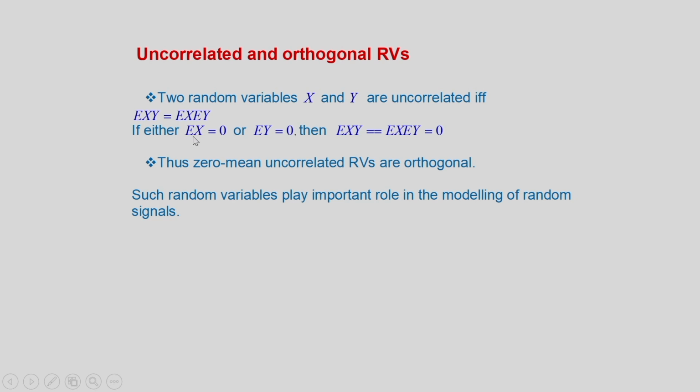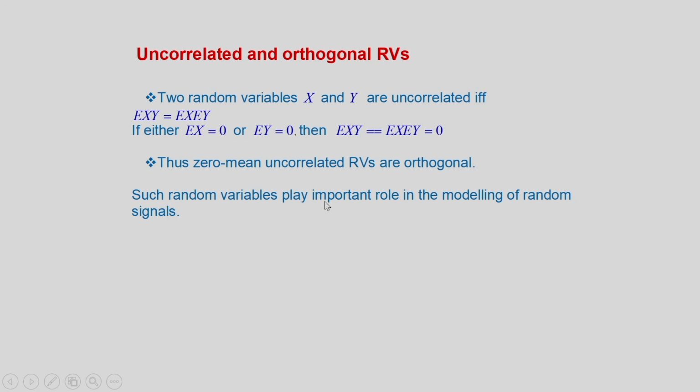Now, if either E x is equal to 0 or E y is equal to 0, then since one of them is 0, this product E x into E y will be equal to 0. Therefore, 0 mean uncorrelated random variables are orthogonal.